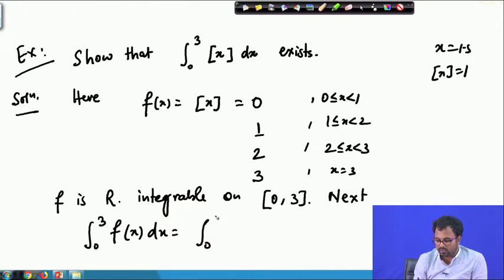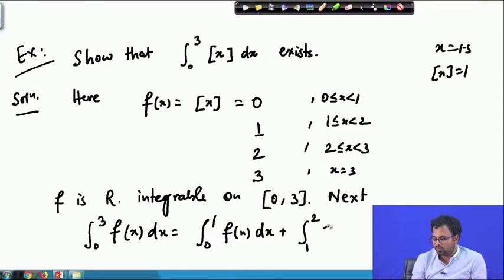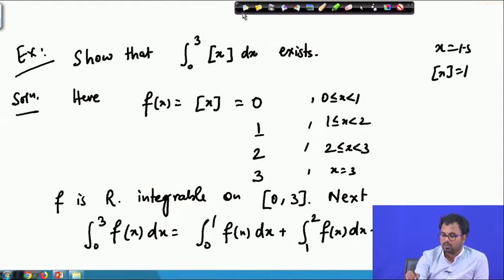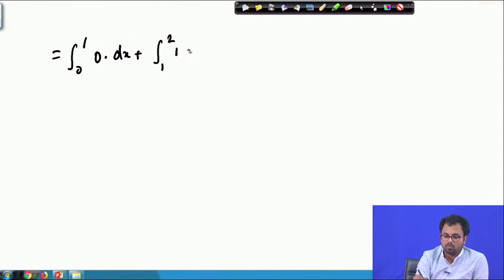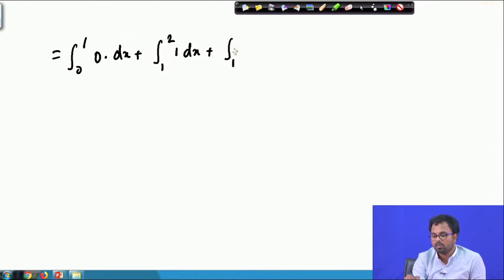Next we will calculate the integral from 0 to 3 of f(x) dx. So we divide the interval into 3 subintervals: 0 to 1, 1 to 2, and 2 to 3. So between 0 to 1 f(x) is 0, between 1 to 2 f(x) is 1, and between 2 to 3 f(x) is 2.